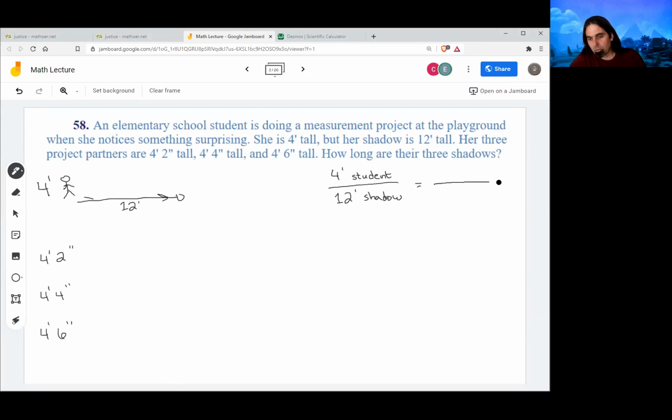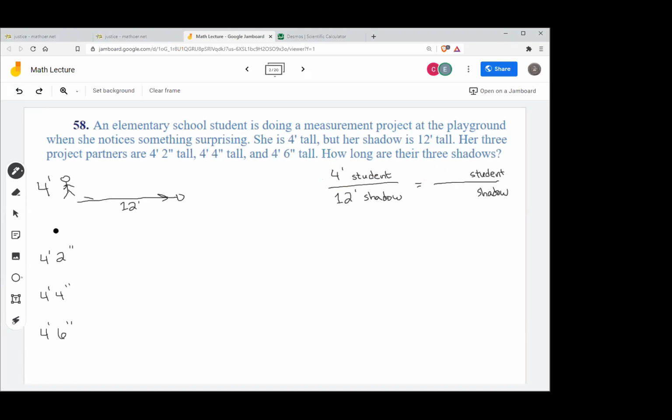And now we know that student has to be on top to make it match, and shadow has to be on the bottom. I'm going to run into some trouble. 4 foot 2 inches doesn't quite match. What can I do so that my quantities on the top work better? Because I don't really want to write 4 foot 2 inches right there. That's awkward to deal with.